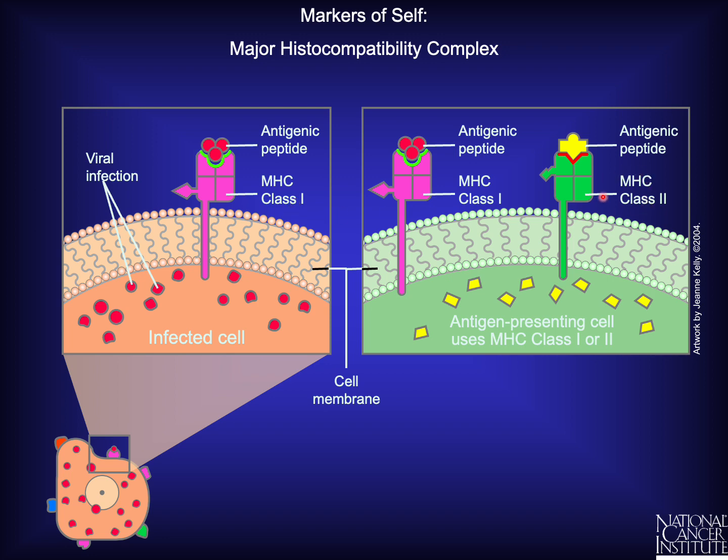MHC class 2 markers, we'll see in a little bit, they're selectively expressed on special cells called antigen-presenting cells. And we're going to see these on both macrophages and B cells. So MHC class 2 is not on all cells. It's on special antigen-presenting cells.